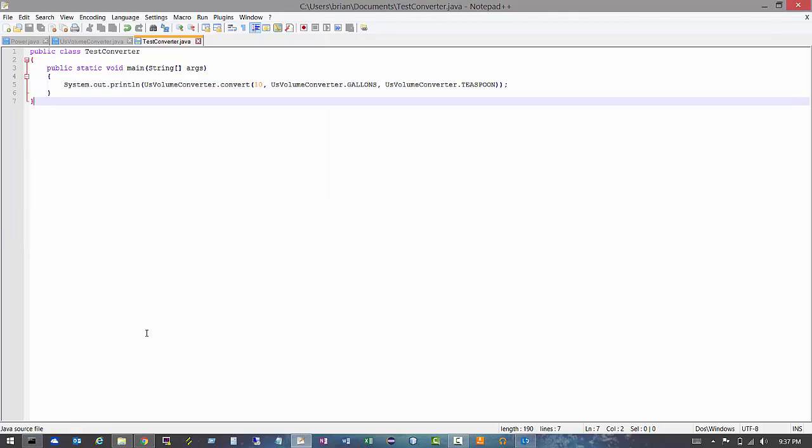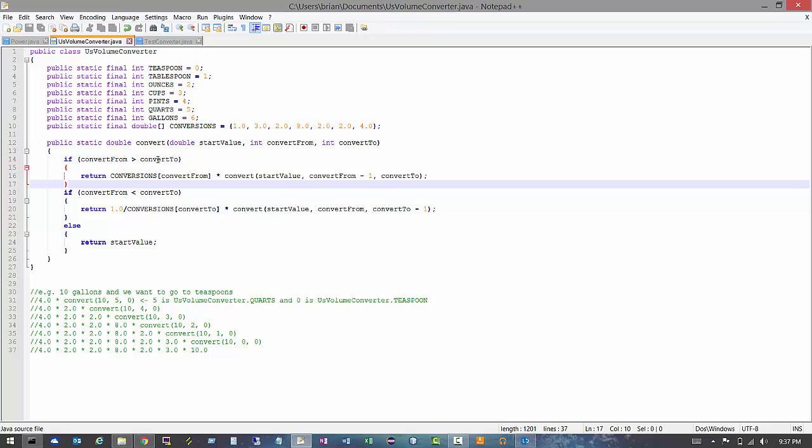So essentially, the way to look at this is we have some amount of gallons or quarts or pints or cups or whatever, and we want to go to teaspoons or tablespoons or whatever. And we know that we can do it in steps.